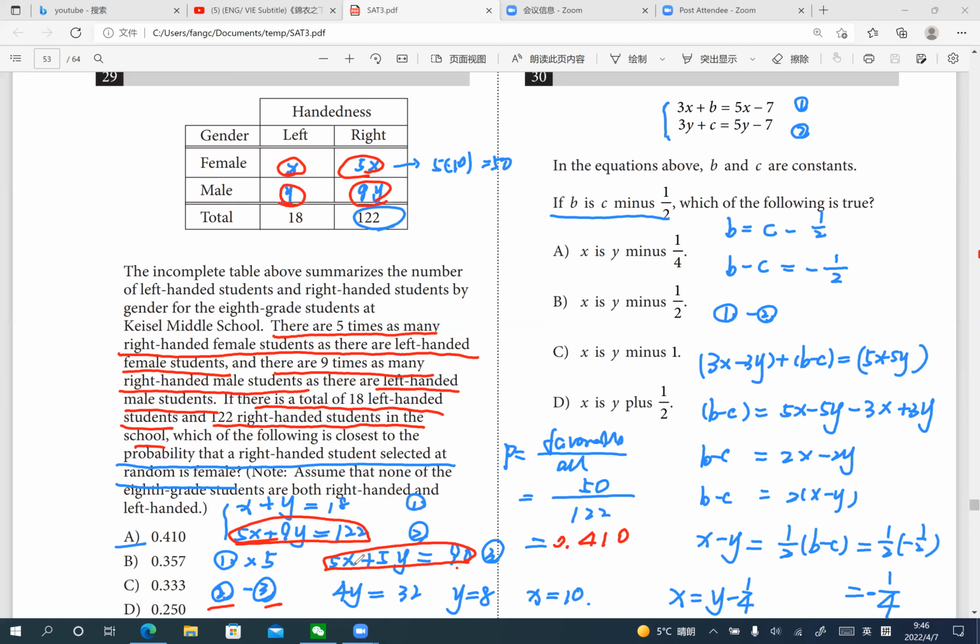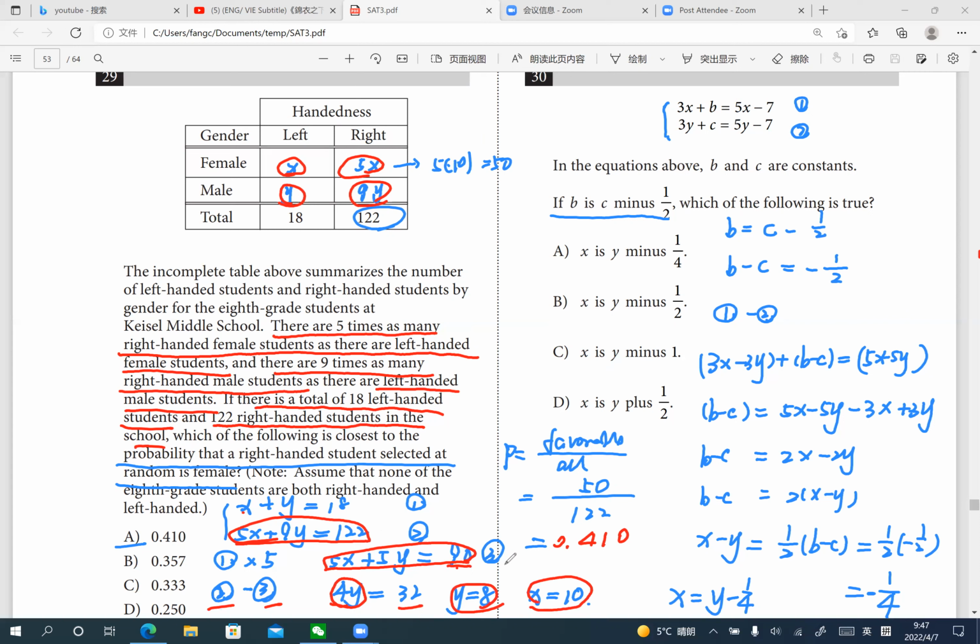So 5x minus 5x is 0. 9y minus 5y is 4y. So the left side of the equation is 4y, and the right side should be equal to 122 minus 90, which is 32. So y equals 8. From the first equation, x plus y equals 18. We know x should be equal to 10.